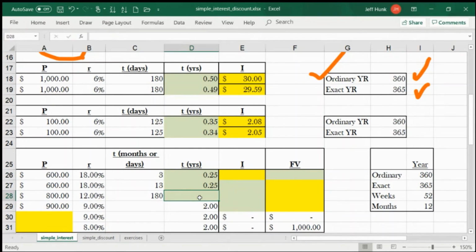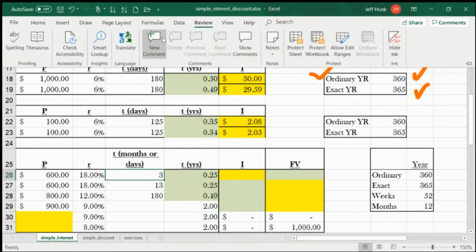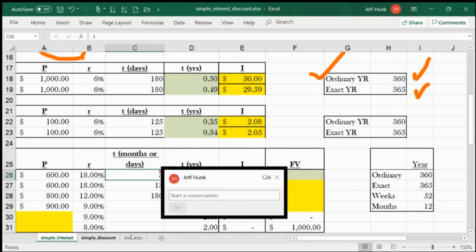So 180 days, that's obviously days, because there cannot be 180 months or 180 weeks in a year, right? So we divide that by, this time we use exact interest here. I'm giving you a verbal instruction here because we can annotate it, by adding a comment, right?